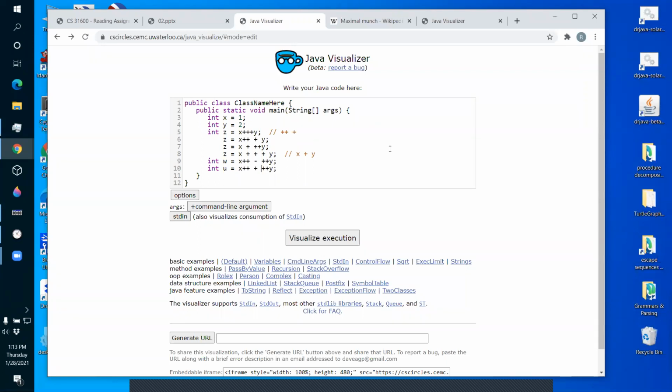Here's another example of this. From the point of view of the Java language, most of this white space doesn't matter. But that one does.